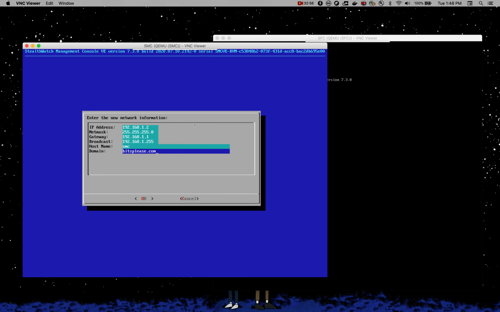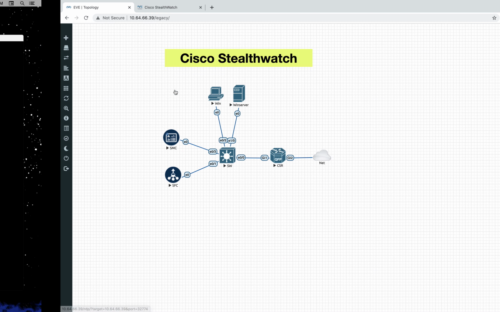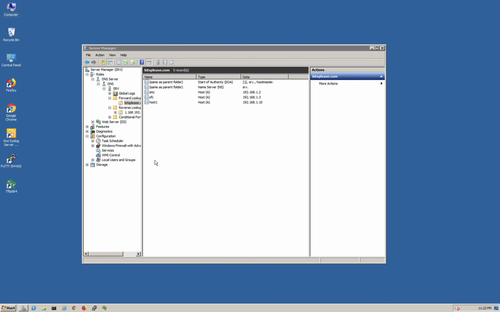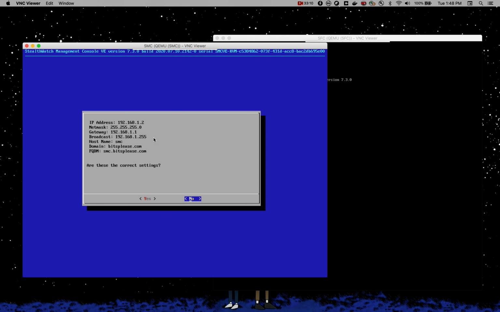That looks good. I also have a DHCP server set up, with DNS entries for SMC, SFC, and one of the hosts entered over that.